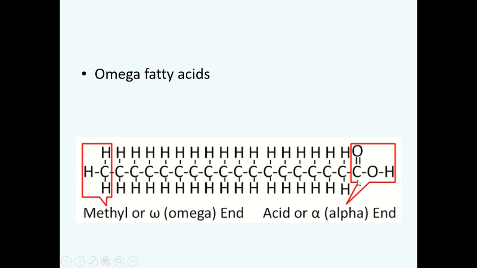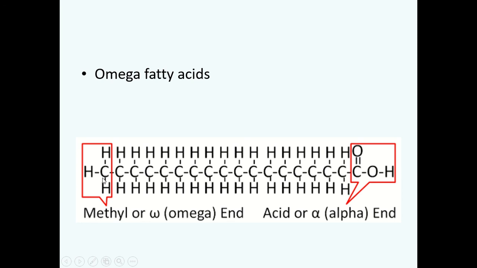The last carbon of a fatty acid is called the omega carbon, or sometimes the methyl carbon. Alpha is the first letter in the Greek alphabet and omega is the last one. So the first carbon is called the alpha carbon and the last one is called the omega carbon.